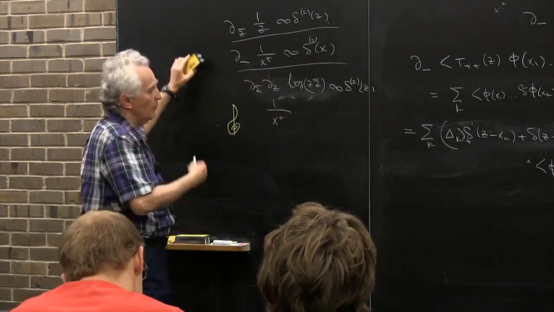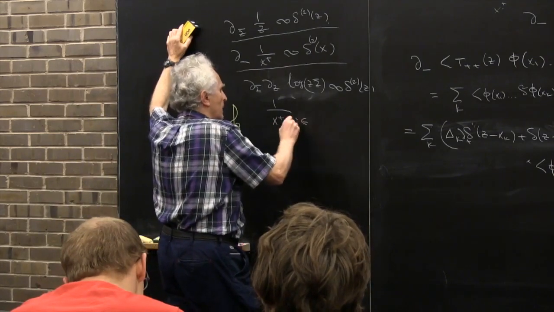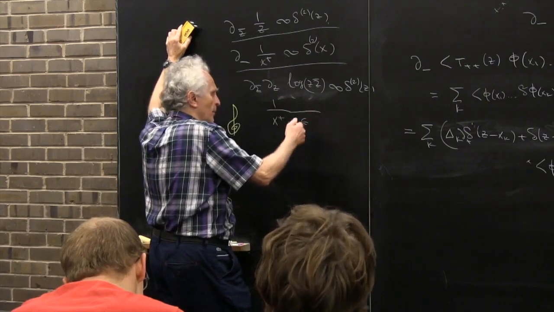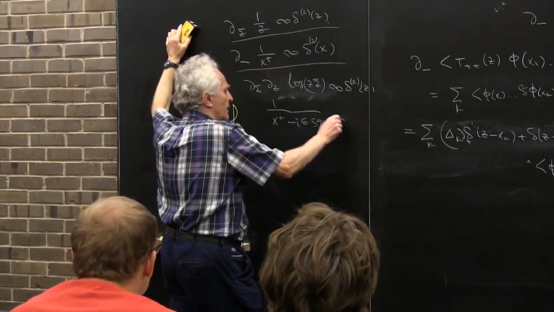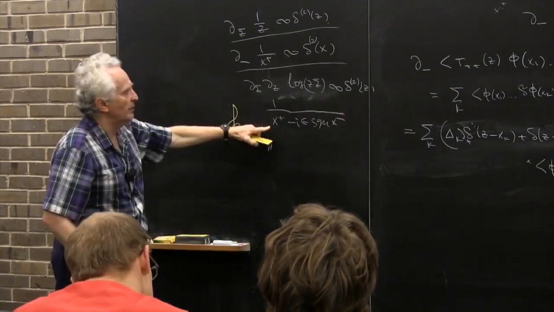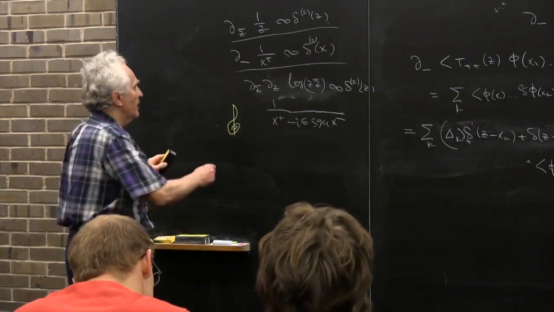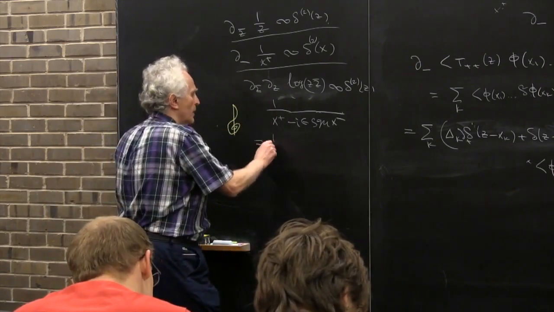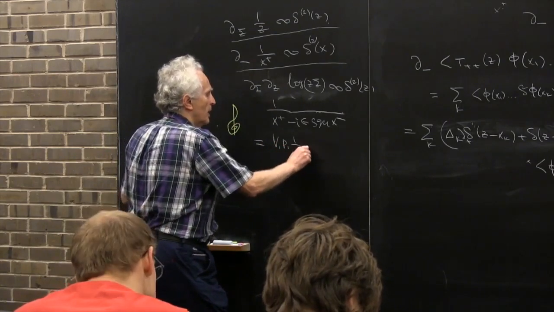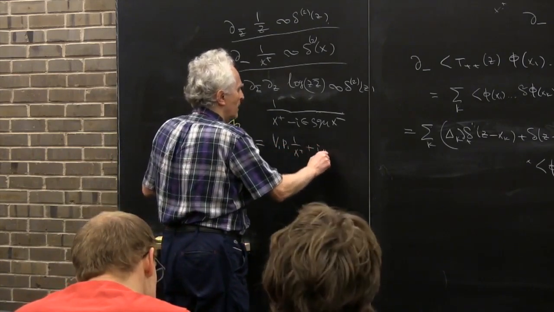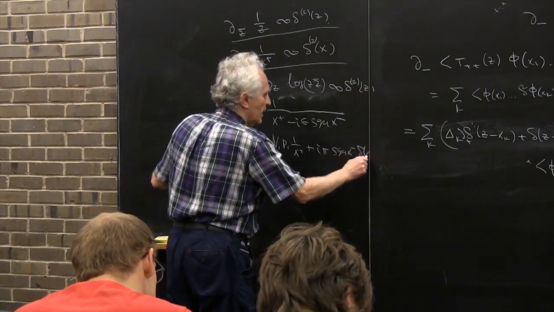You have to define it, for a reason I will explain a little later, maybe very soon, as a Green function. This will be the Feynman prescription for the Green function. And so it is the principal value of 1 over x plus i pi sign x minus delta of x plus.